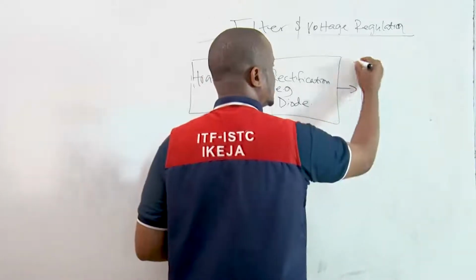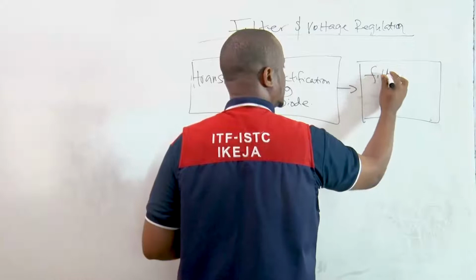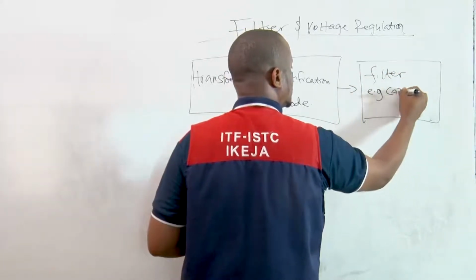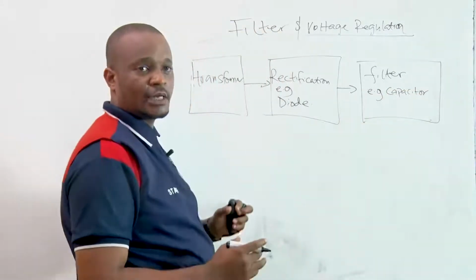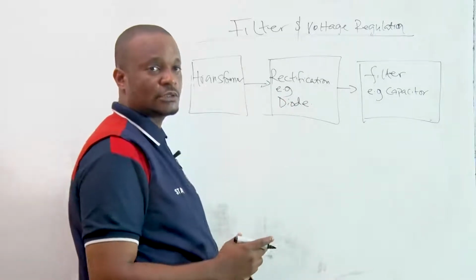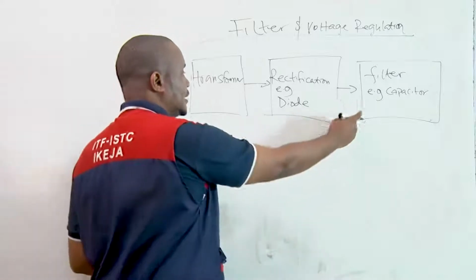Then the next stage we are in is what? The filter stage. And an example of a filter is a capacitor. So this is where we are now, before we go into the voltage regulation stage, which we'll be talking about. Now, there are different types of filter.